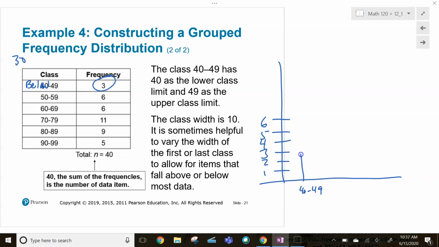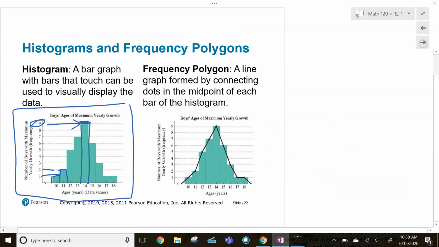So this goes up to the 3, and then you have 50 to 59, and there's 6, and so on, right? You can create a bar graph. Now I should not have space between them. Notice these don't have space. I just can't do this very well on my pad here.